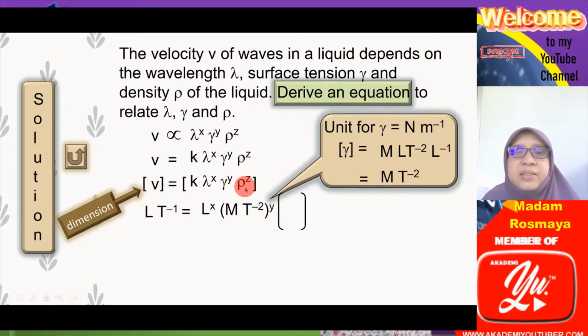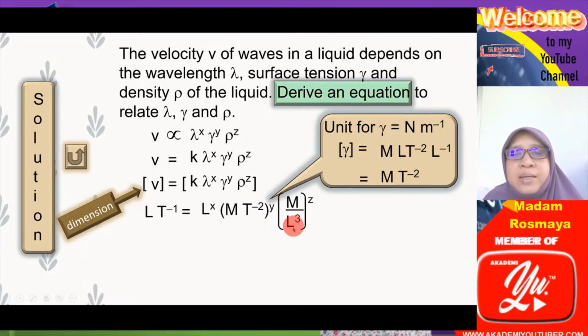And lastly is the density. So the formula for density is mass per volume. So that means we use dimension mass M, and the volume is length cube, because for volume, let's say for a cuboid, we have length times width times height.